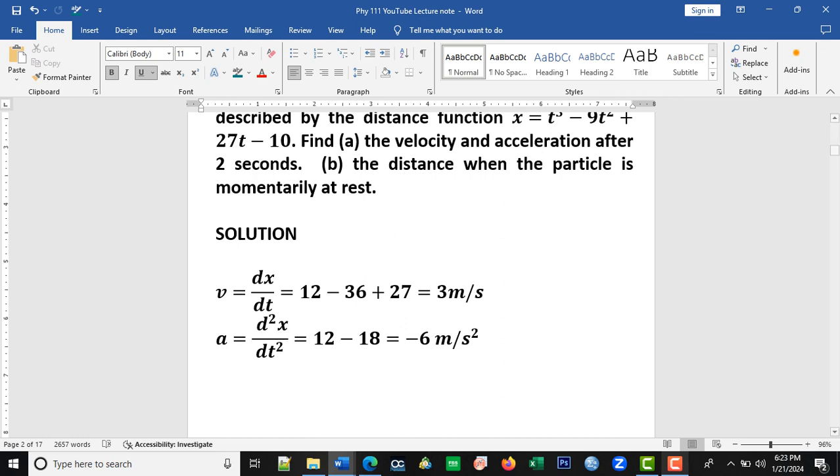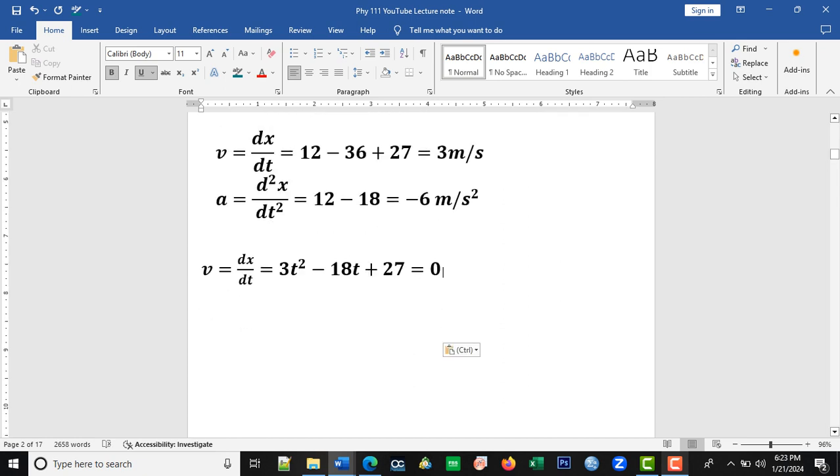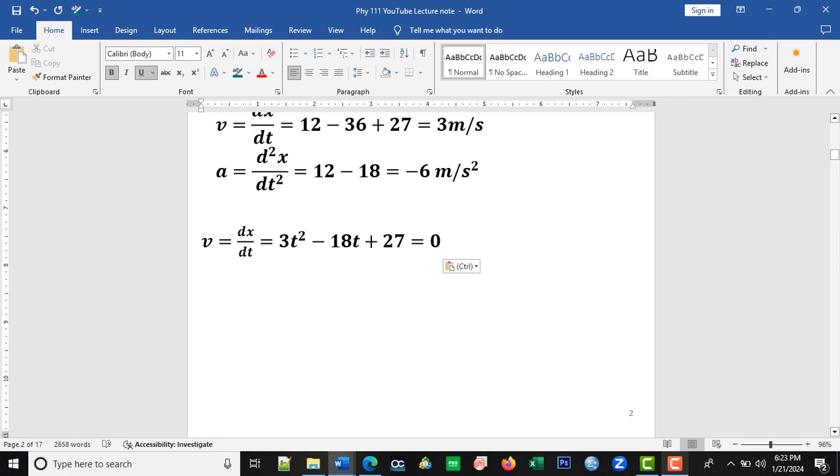Then the second one says B, the distance when the particle is momentarily at rest. The distance when the particle is at rest. If the particle is at rest, it therefore means that the velocity is 0. So we start this way. B, dx over dt equals 0.